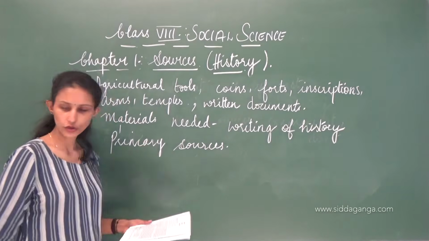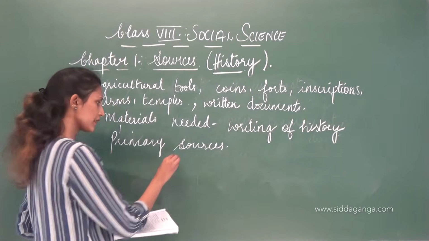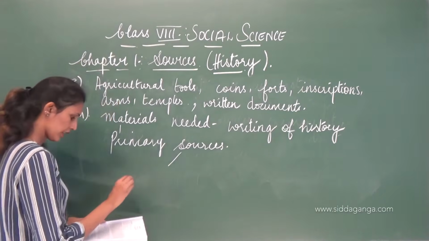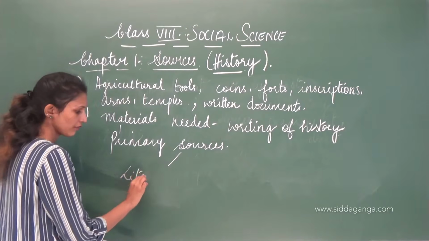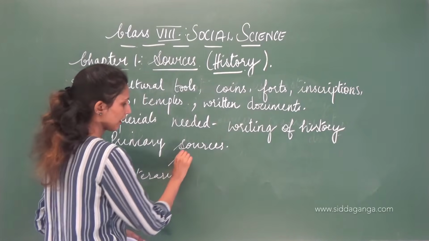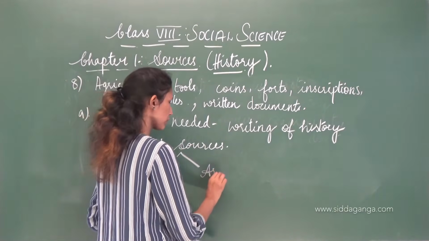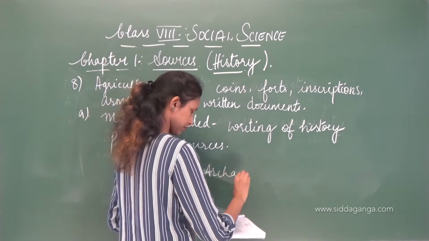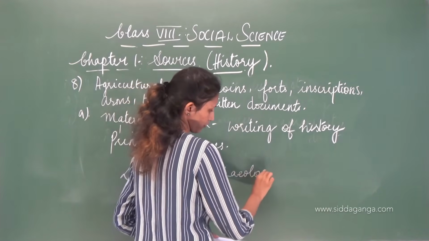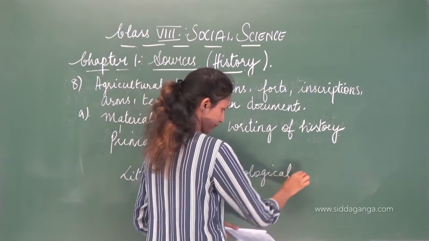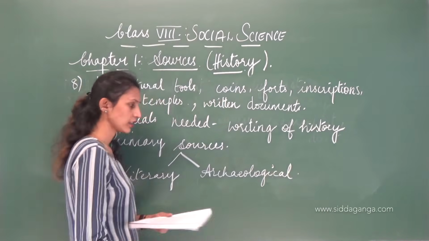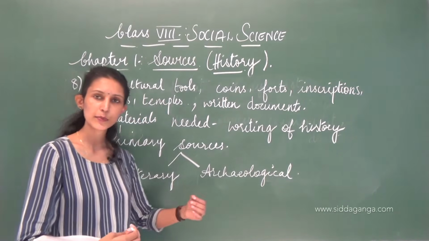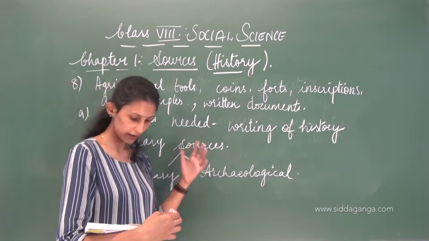Now this primary source can be divided into two: literary sources and archaeological sources. Literary is anything that has been recorded or written.